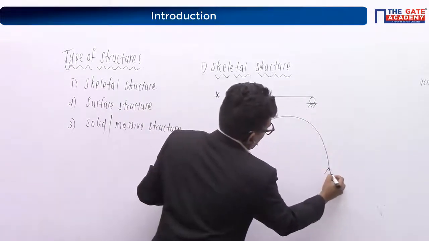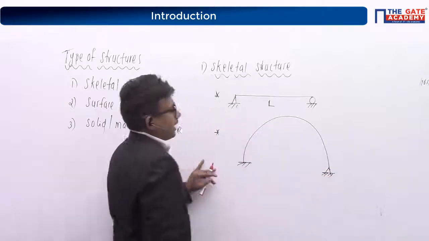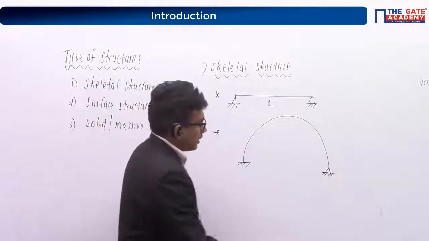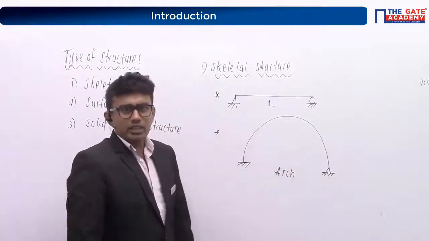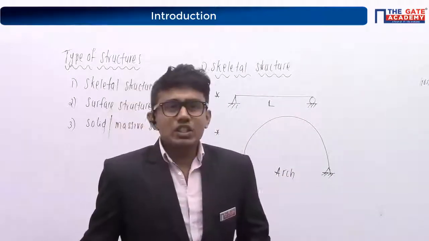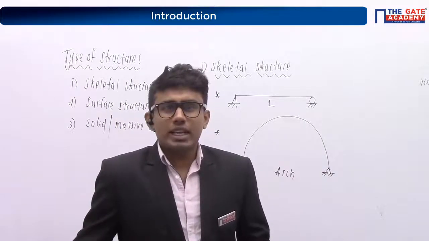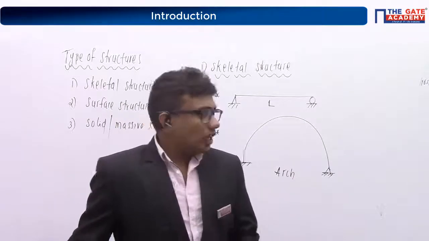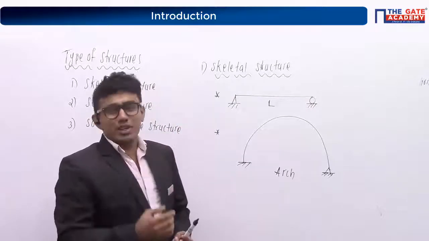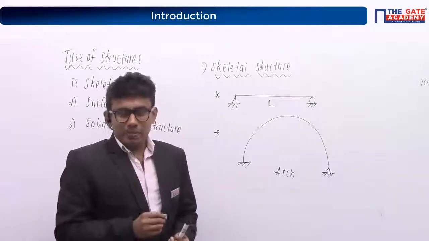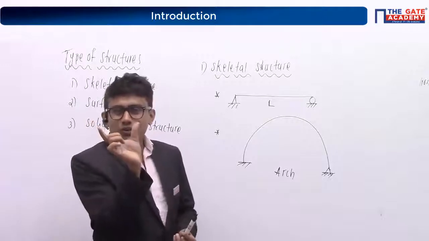This is our arch. You might have seen structures like this. This is an example of a skeletal structure. If you can see a beam, a beam will have 3 dimensions, right?